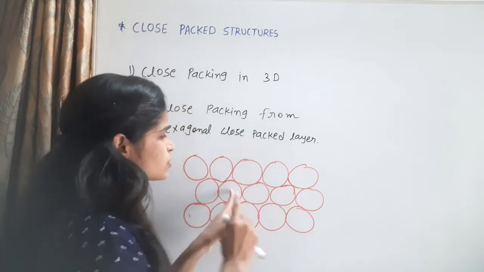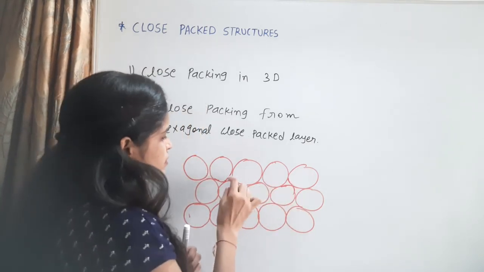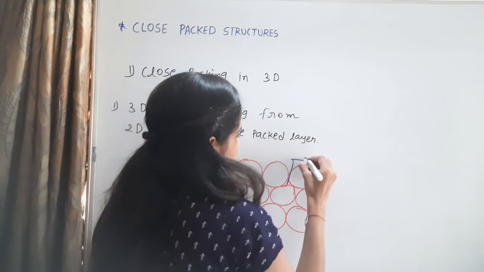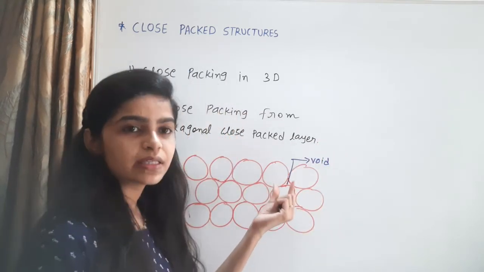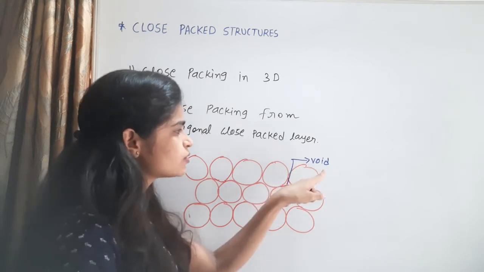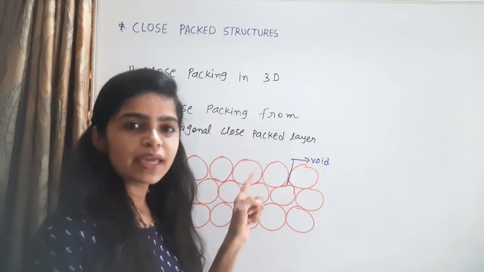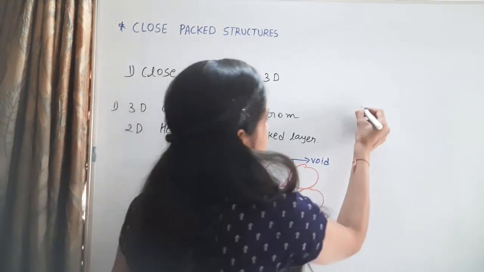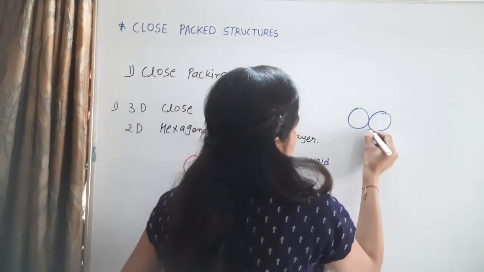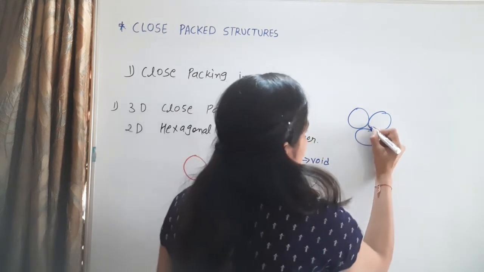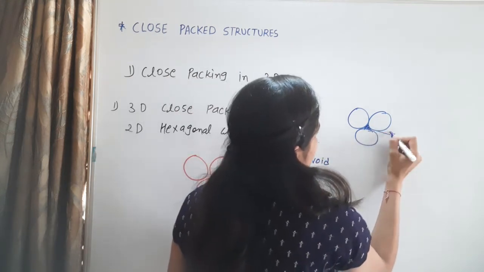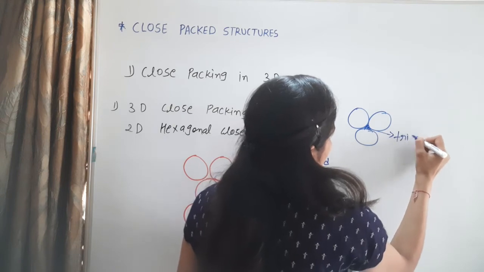In this structure this empty space is known as a void. It is called a triangular void because it is made up of three spheres.